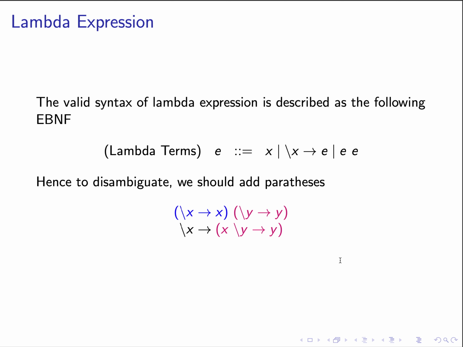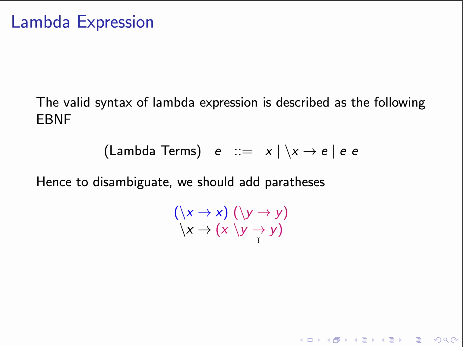To resolve this ambiguity, we add parentheses around the needed terms. For example, for the example we have seen earlier, we simply put rounded parentheses around the first lambda term and the second lambda term, and so on and so forth.